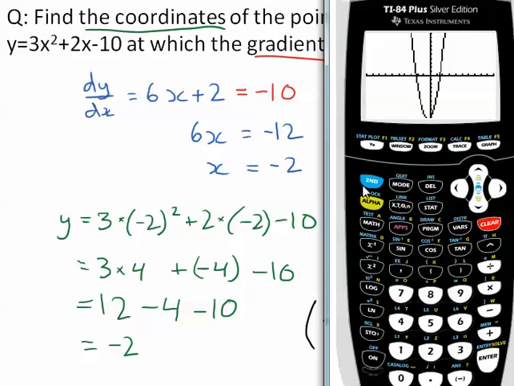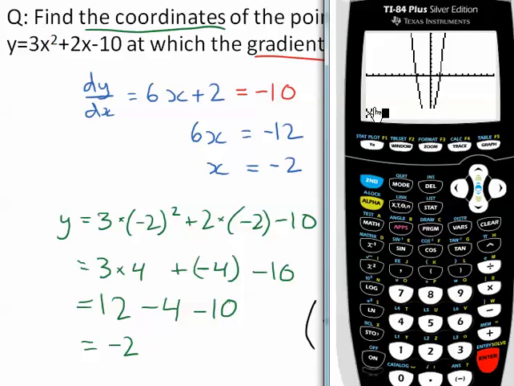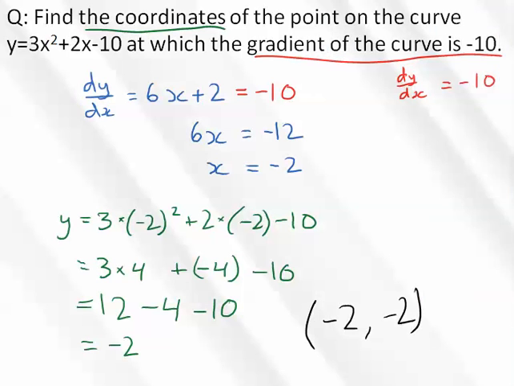And the other thing we can find out is whether the value is correct. So if we press enter, we get to the value option, and we want to know what the y value is when x is equal to -2. So we press enter, and it says that y is also -2. So we know that we got the gradient right, and we know that we got the coordinates right. So that's good.